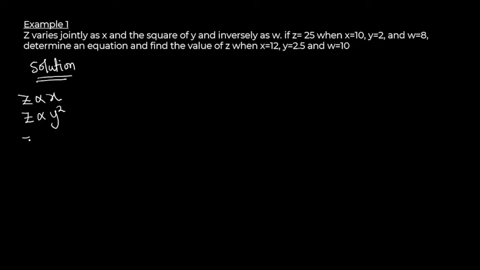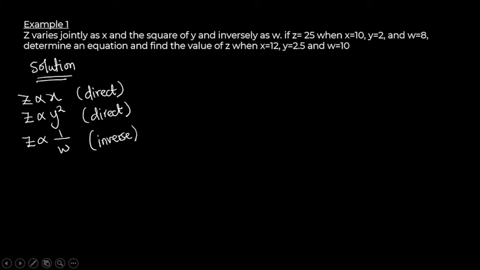So it means z again varies inversely this time as w. So we have a direct variation, another direct variation, and then we have one inverse variation. So if we combine all of this, we are getting what?